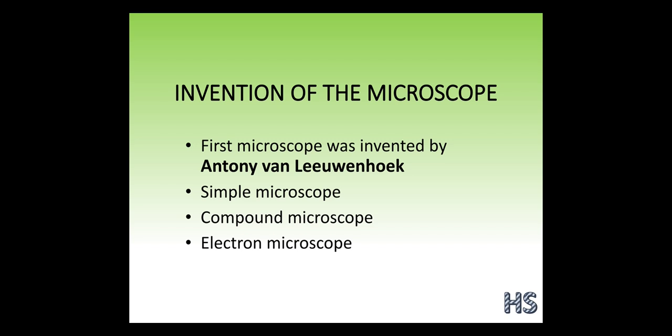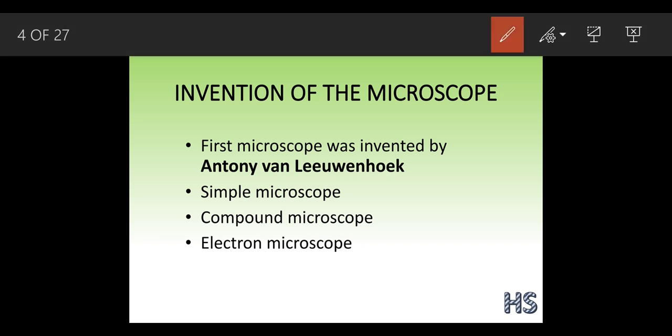So how did it become possible? The first microscope was invented by Anthony van Leeuwenhoek. He was the first scientist who discovered the microscope, and he named it a simple microscope.